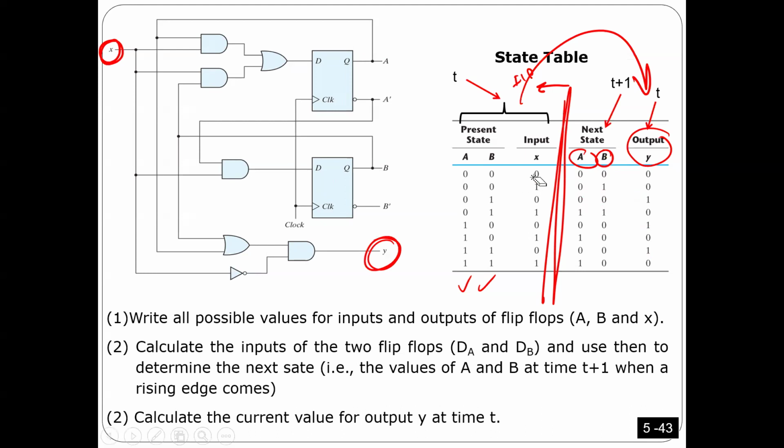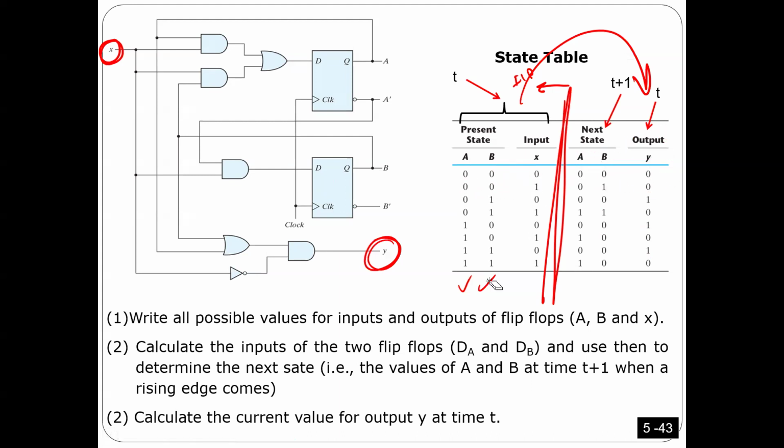That means, look here, guys, if I'm in state 0, 0, and the input is 0, the next state is going to be 0, 0, and the output is 0. But if I'm in state 0, 0, and X is 1, the next state is going to become state number 1, and the output is 0. You got what I'm saying? But anyway, forget what I said.